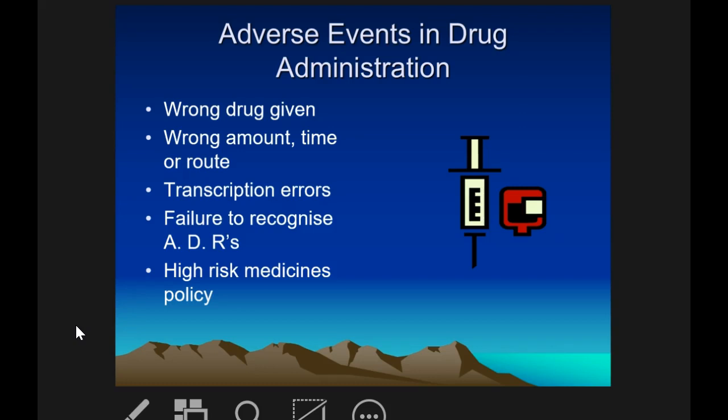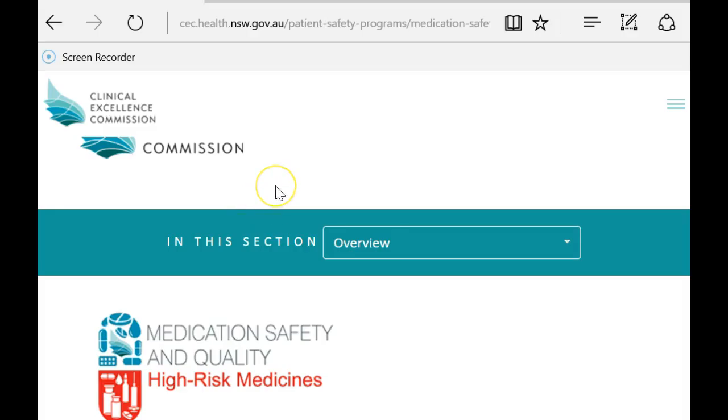And just finally, I want to bring your attention to the high-risk medications policy. I'll bring it over onto my slide. You might remember that I spoke about this website when we covered the topic of clinical incidents earlier in the session. And the CEC, remember, they are responsible for making recommendations when IMS reports are submitted.